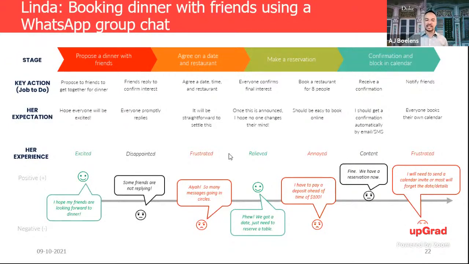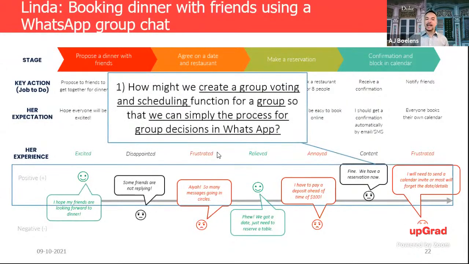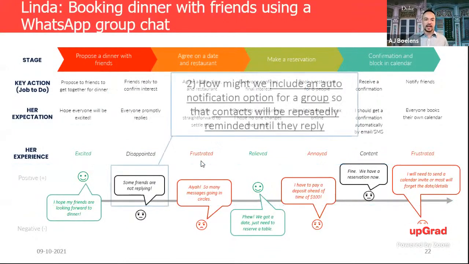And from here, we can create several problem statements. So we might say, for example, how might we create a group voting and scheduling function so that we can simplify the process for group decisions in WhatsApp? So the solution would be a group voting and scheduling function. Another one could be, how might we include an auto notification option for a group so that contacts will be repeatedly reminded until they reply?